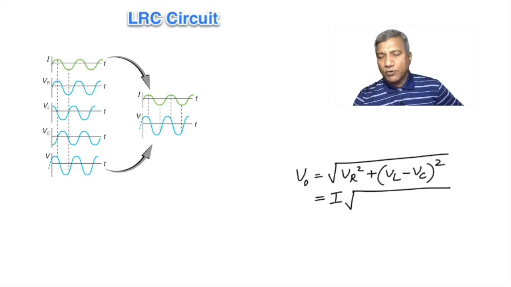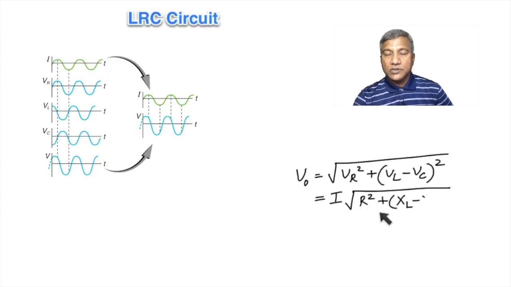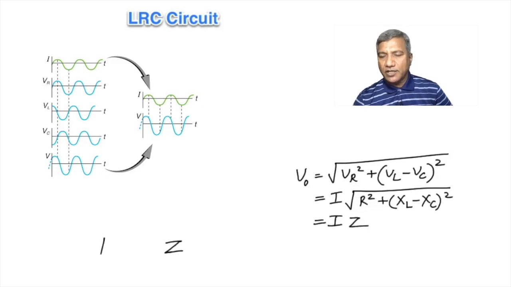But remember that voltages are the products of currents and either resistance or reactance. So square root of I squared is I, that's taken out. And then you have I multiplied by a quantity. If you take a look at this quantity, it's neither a resistance nor a reactance. It's a combination of a resistance and a reactance.